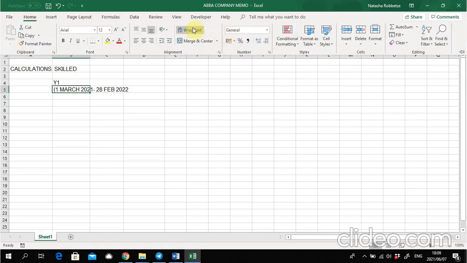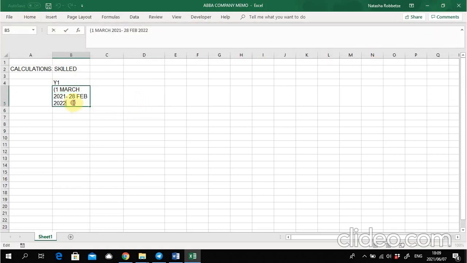Then I know my year 2 runs from 1 March, and this is now based on my financial year as it relates to the company, to 28 February 2023. All right.